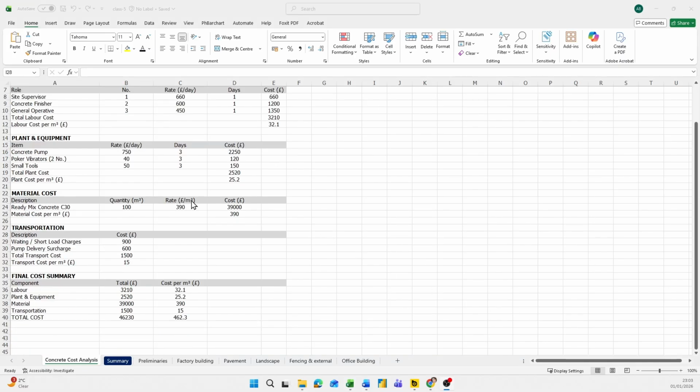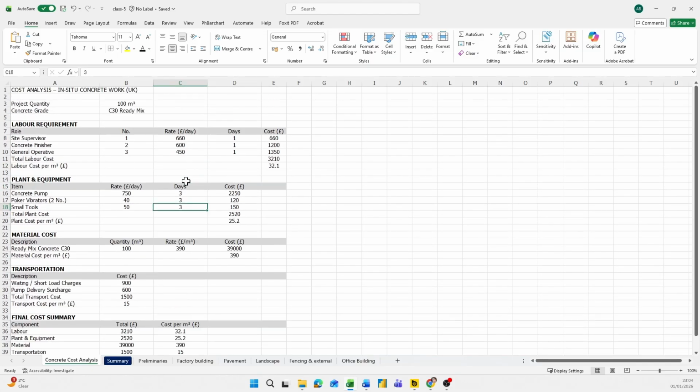So let's explain the plant and equipment. You can see the plant and equipment. Concrete pump needs 3 days. Vibrator needs 3 days, and other small tools need 3 days.